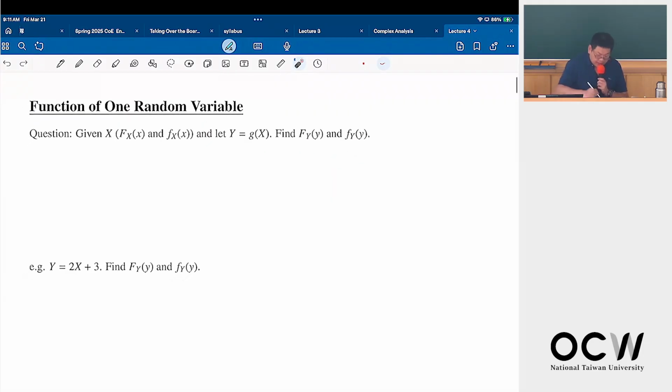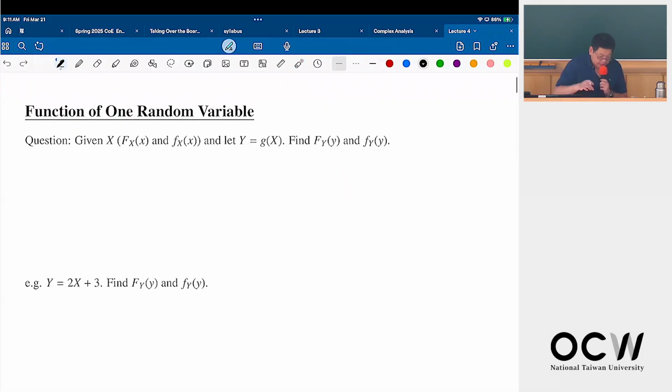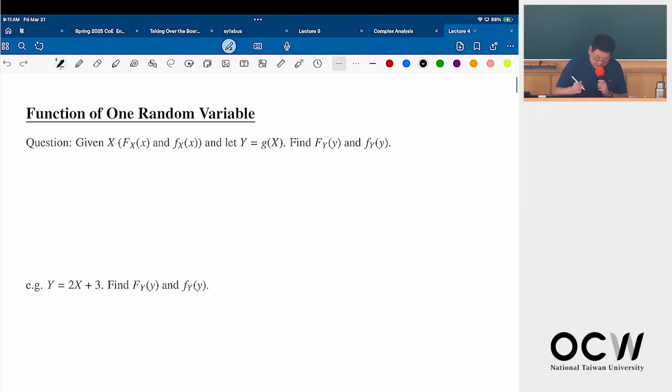So it looks like I have a sample space. Here is the sample space, and I have omega.